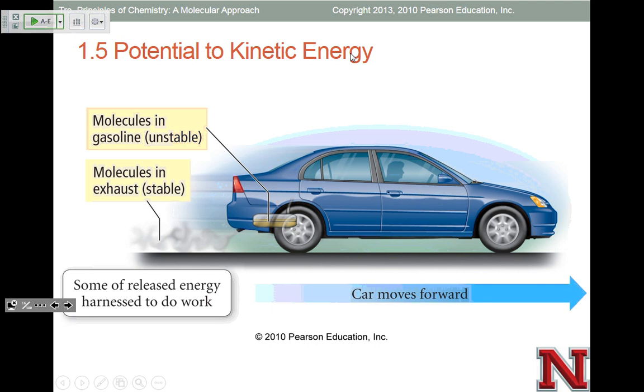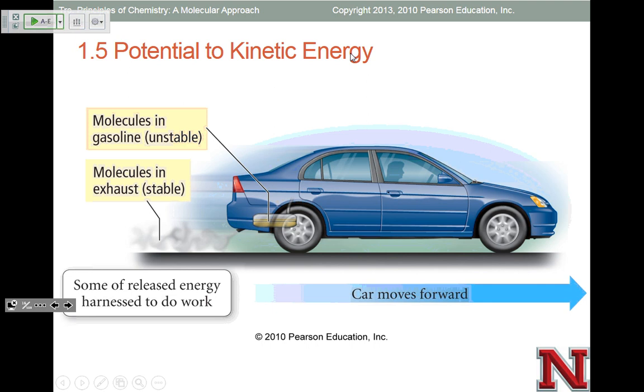Gasoline molecules are relatively unstable. The combustion engine converts our gasoline, releases energy, propelling our car forward, and then releases molecules in exhaust, which is the breakdown of our gasoline. We're going to look at the combustion reaction to CO2 and H2O.